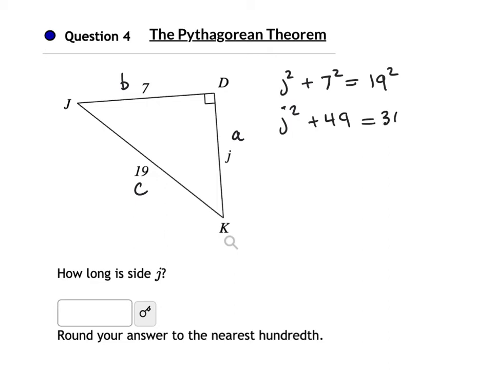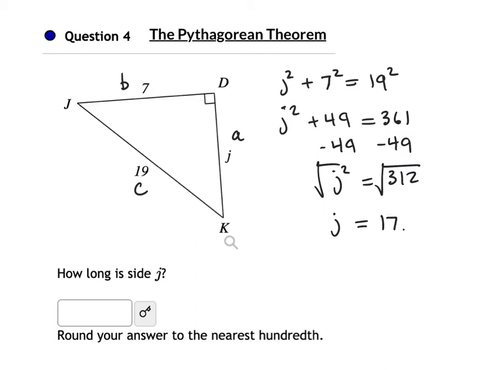Get the j squared by itself. Subtract 49 from each side. So j squared would equal 312. And we're going to square root that to find j. And j will equal, to the 100th, 17.66.